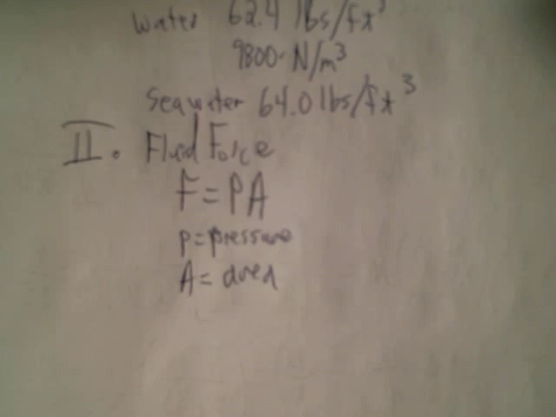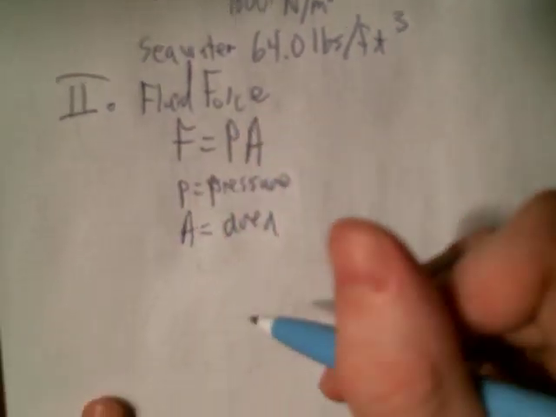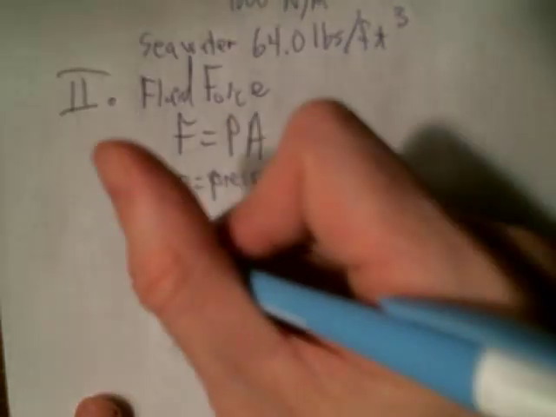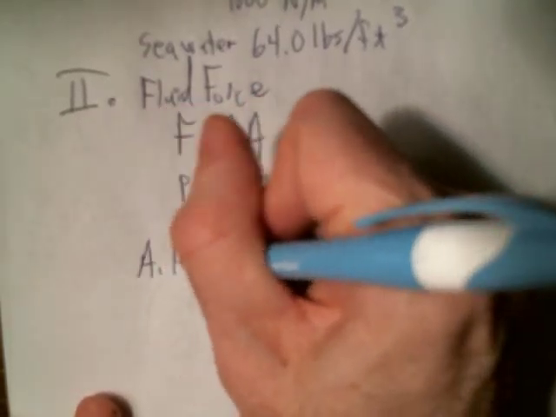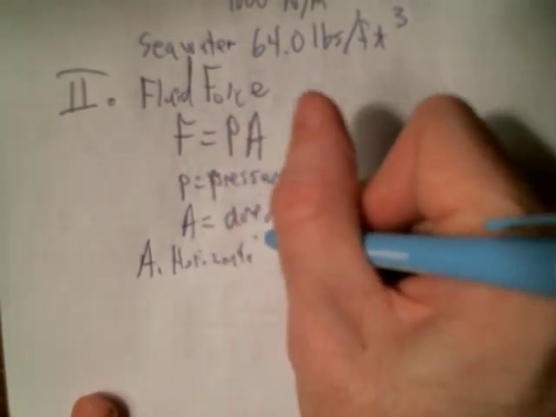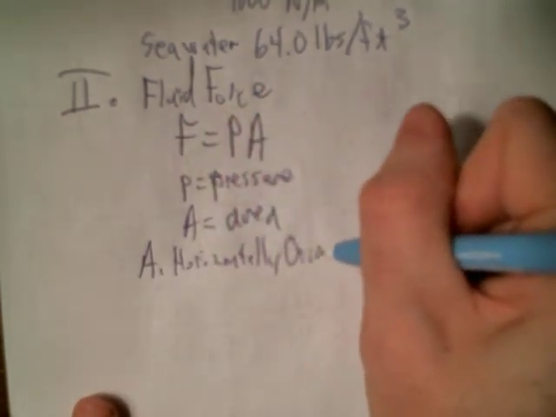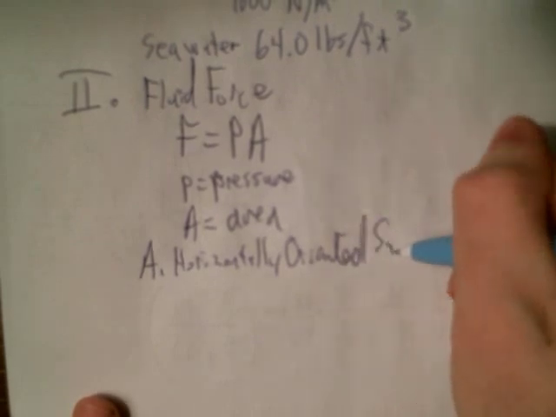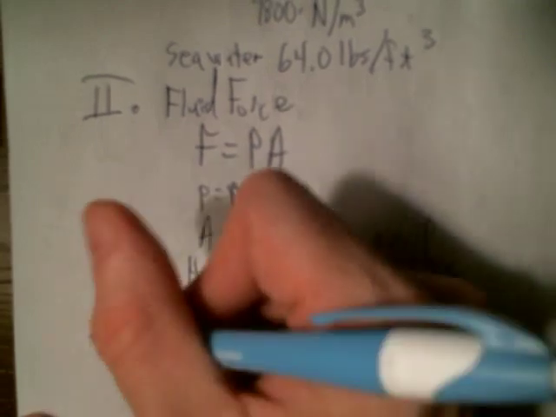That's one thing to note. That won't really affect us in this particular type of problem. So part A, we have horizontally oriented surfaces, and that's the simple problem. It's just a matter of multiplying pressure times area.